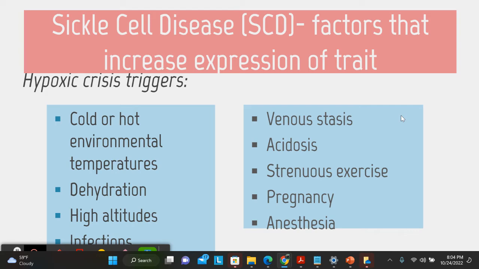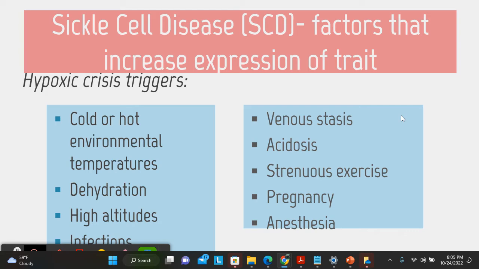So factors that increase expression of the trait: any kind of crisis trigger, severe cold or extreme hot, dehydration, high altitude. So people living or exercising at high altitudes, infections precipitate crisis a lot of times.